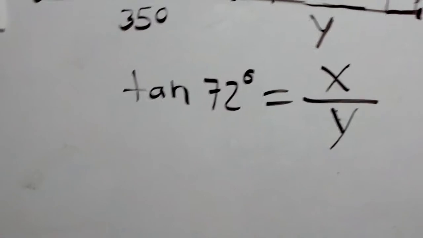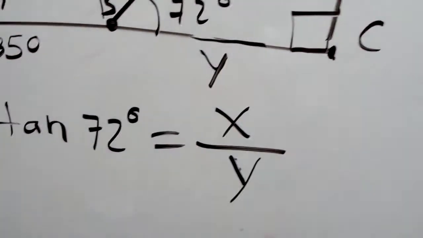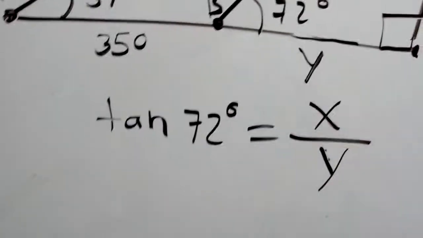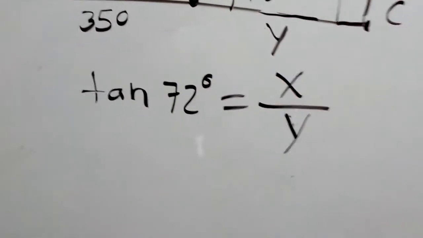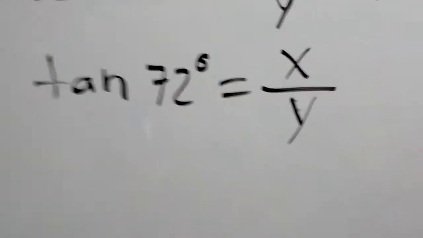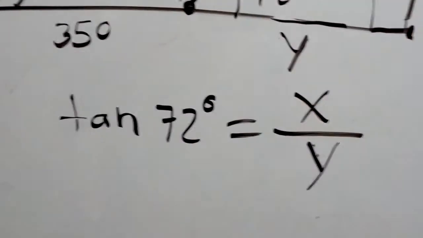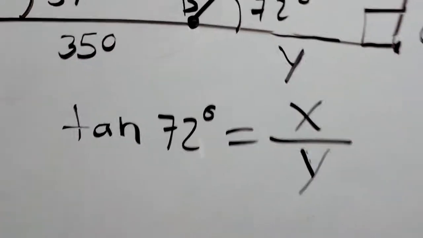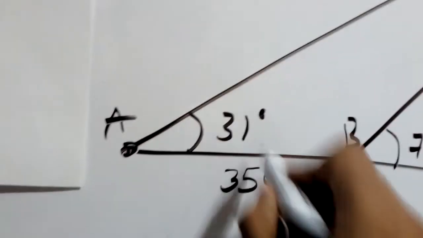And two sides I am missing, and you have one equation, so you cannot solve. You need two equations, but we can make another equation because we have the angle 31 degrees.